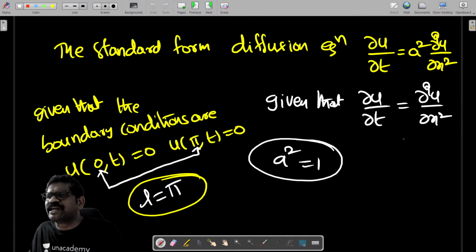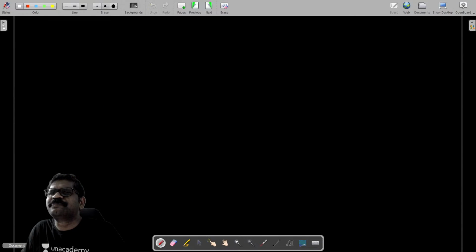Before going to the initial condition, first I am calling it the standard form is 1. The boundary conditions are u of 0 comma t is 0 and u of pi comma t is 0. Now I am writing one solution equation of equation 1.